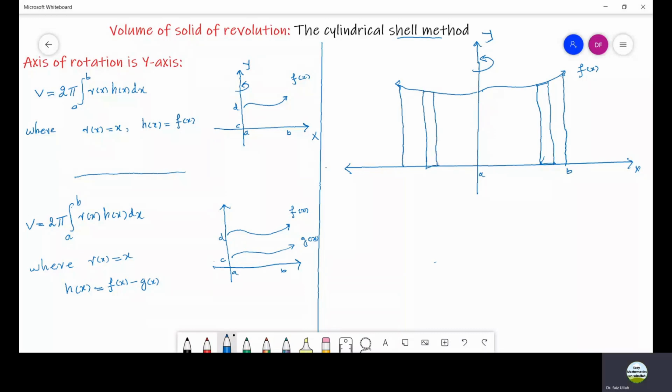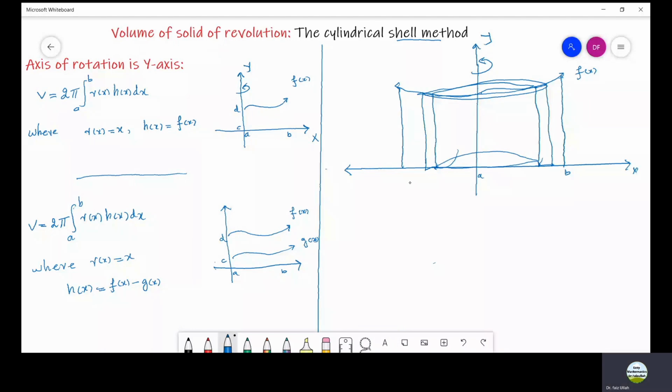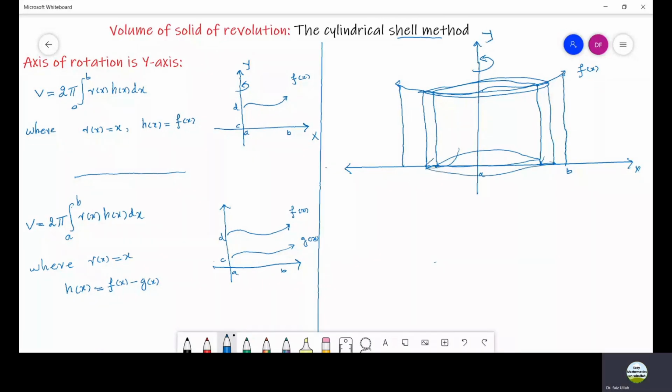Now from here I can make a figure like this one. Let us say this is the required solid of revolution, and we need to find the volume of this solid.